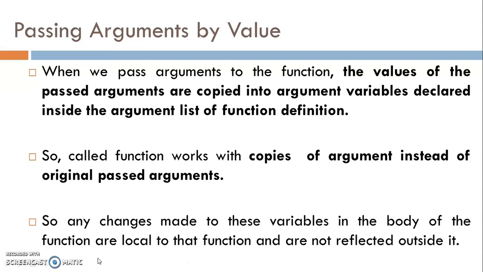So any changes made to these variables in the body of the function are local to that function only, not reflected outside it. That means whenever we change the value, this value is changed only in the copy argument, not in the original argument list.